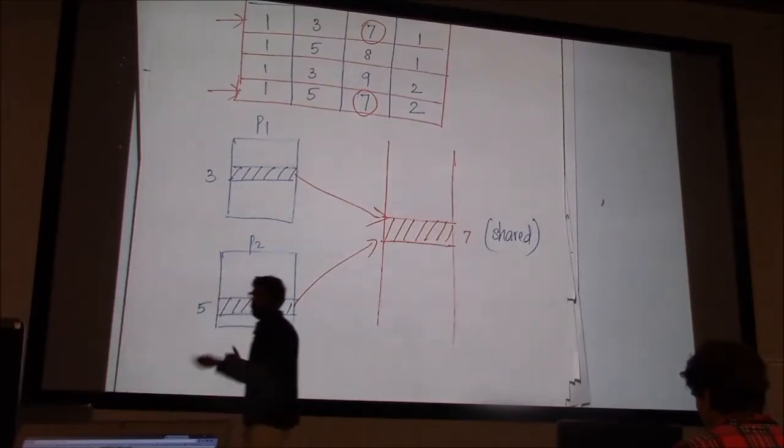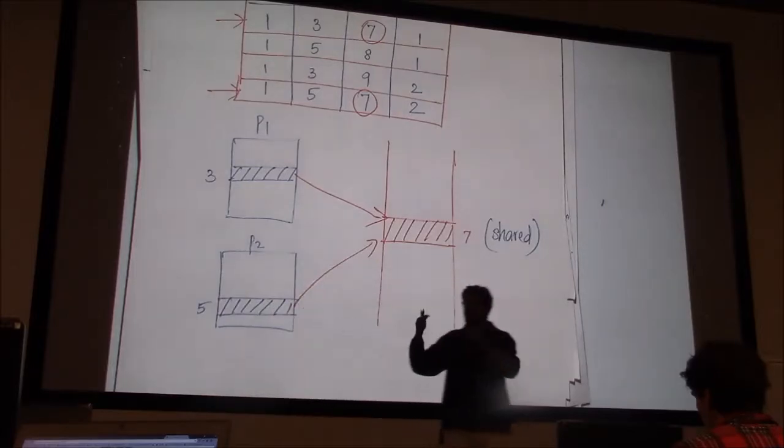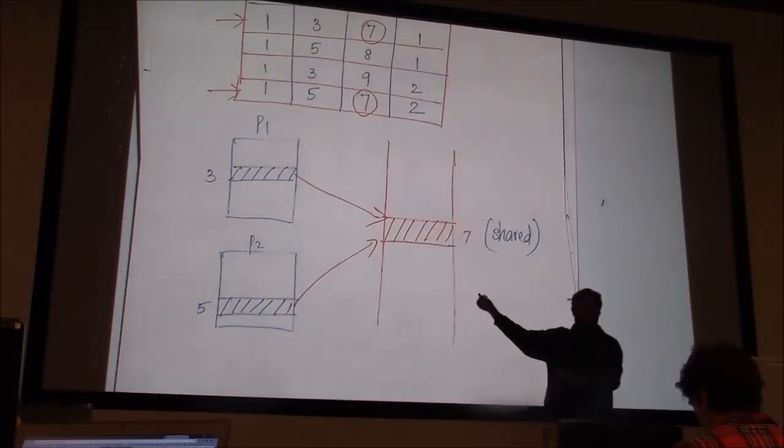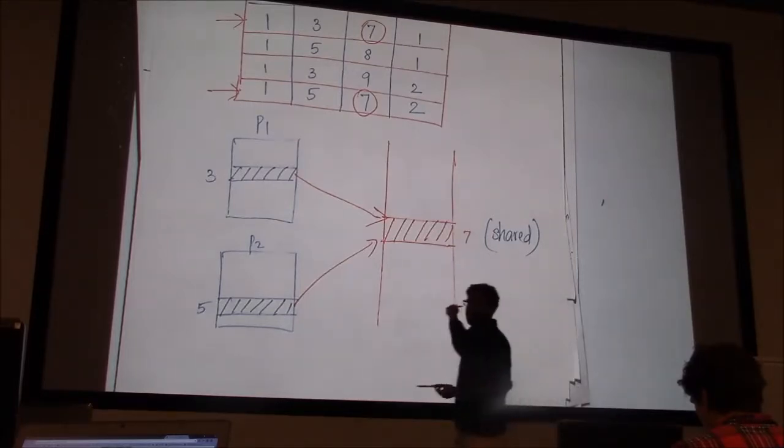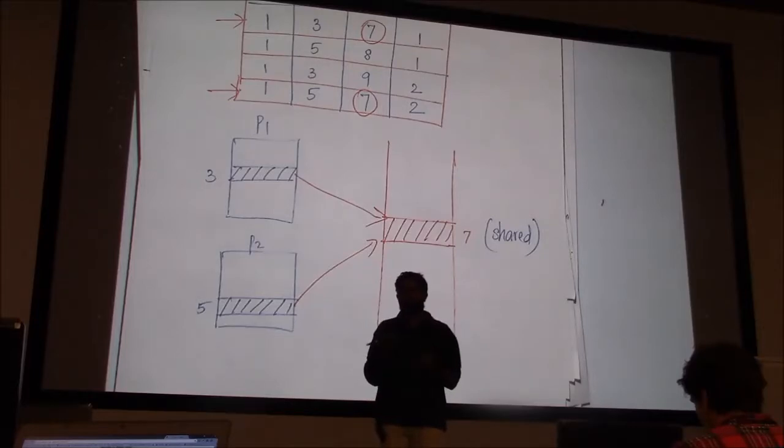Again, if you think about it, whenever two things are trying to access the same memory, what problems may arise? Exactly. If two processes are trying to access the same memory locations, we need to make sure that is a critical section.